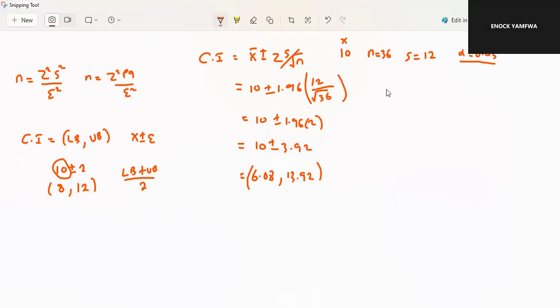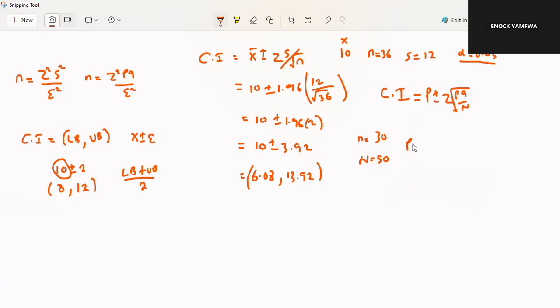If you're dealing with a proportion, our confidence interval is simply equal to the proportion P plus minus Z square root of PQ over capital N. Suppose you are told that 30 out of 50 like watching ZMBC. So the big population is 50. Out of the 50, 30 love ZMBC.